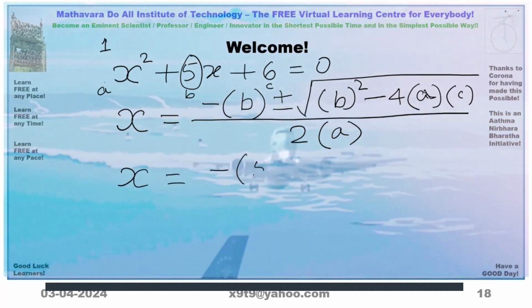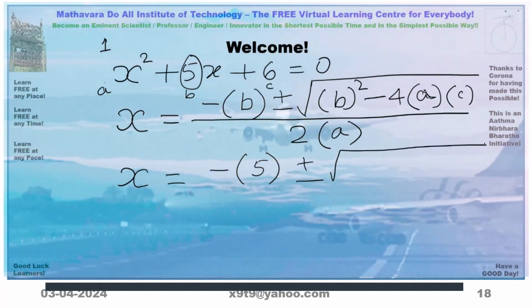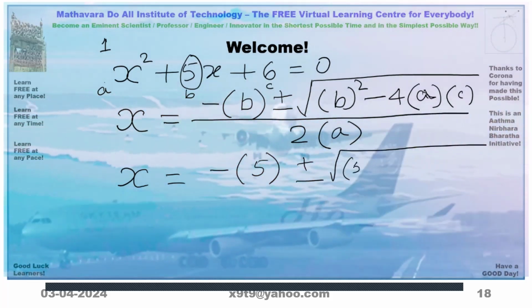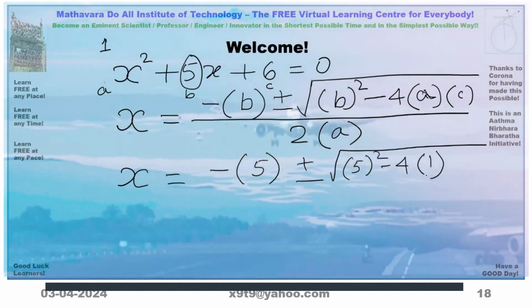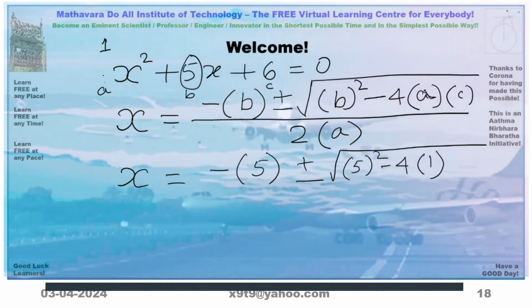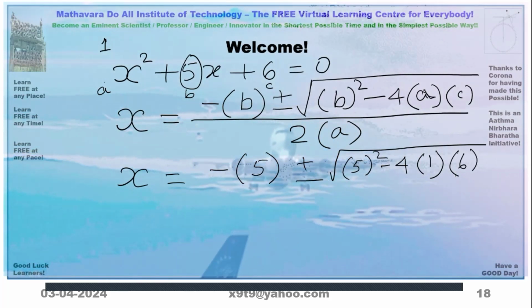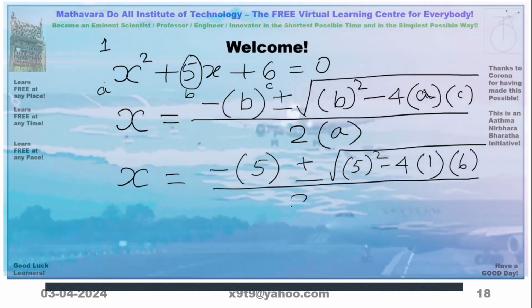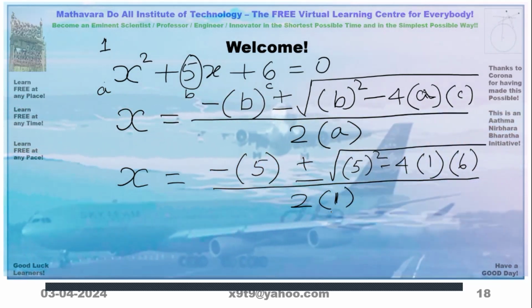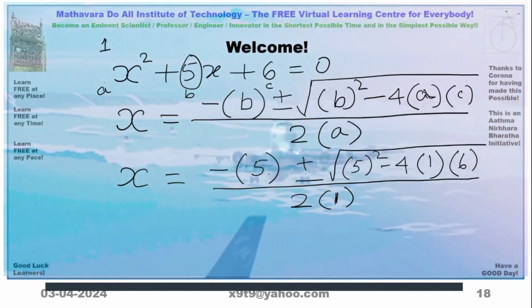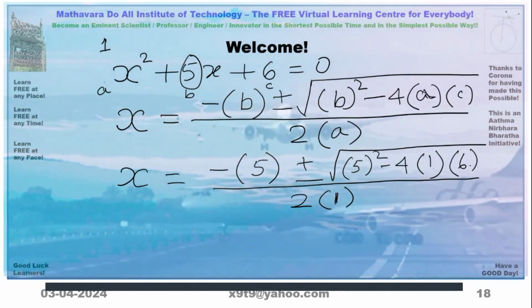So b is 5 in this problem, plus minus root of b square minus 4 into 1. If nothing is written here, the coefficient is taken as 1. c is 6. Divided by 2 into a, and a is 1. Here it is very important to write these numbers in brackets, because some numbers may have negative signs also.